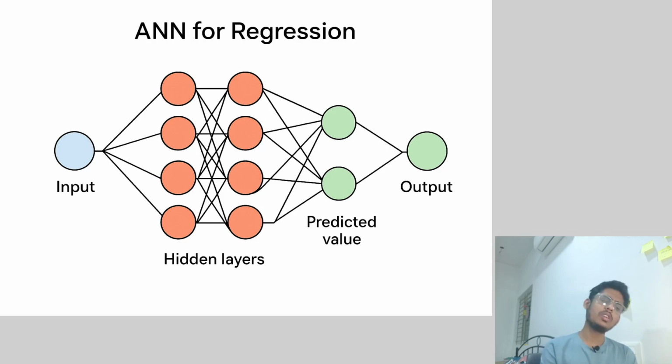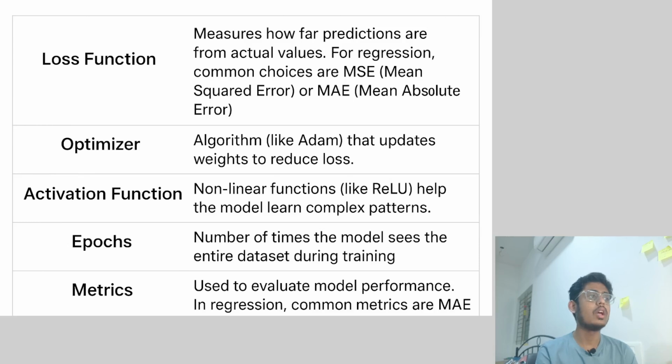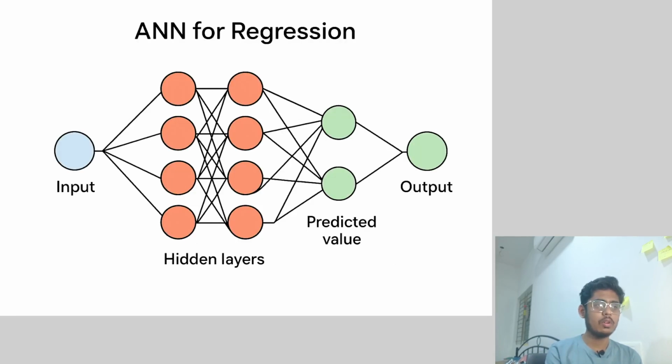Some of the key concepts we use in artificial neural networks are loss functions. Let me tell you the flow first. In an artificial neural network, we start from the input, then get into the hidden layer, and we find a predicted value. This is a forward pass using the activation layer.